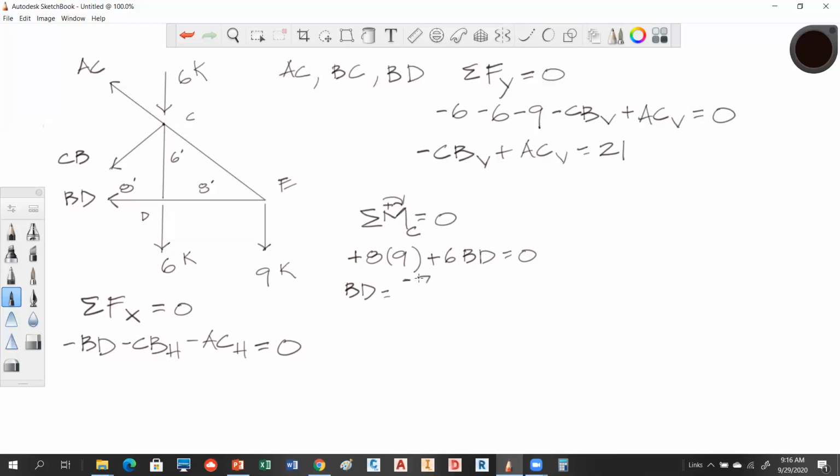So we get negative 72 divided by a positive 6, which gives us a negative 12. So we know that BD is a 12 kip load in compression, but it's the negative. So when we plug this back here, a negative into a negative, this guy will become positive on this side of the equation.